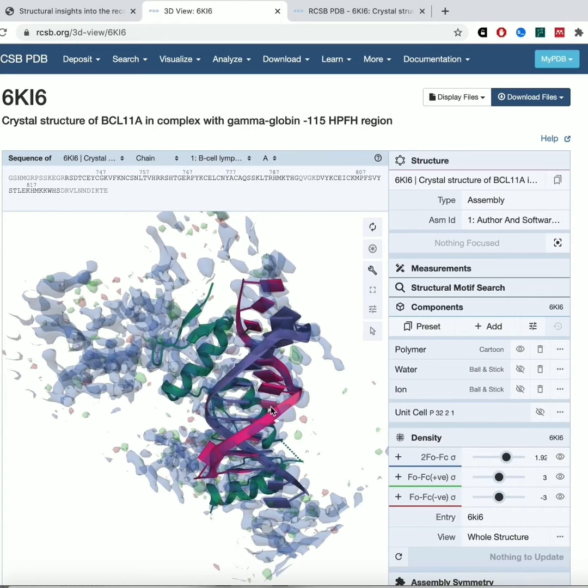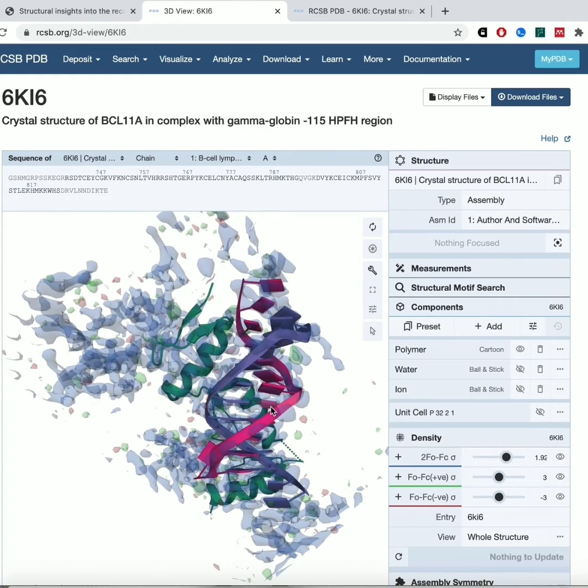And so there are different values that we can use to assess how well the model fits the data. Then also there are things we can use to talk about how good that data is.